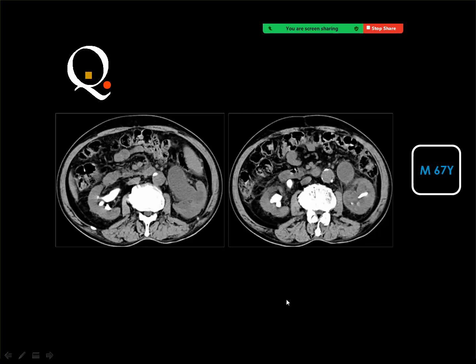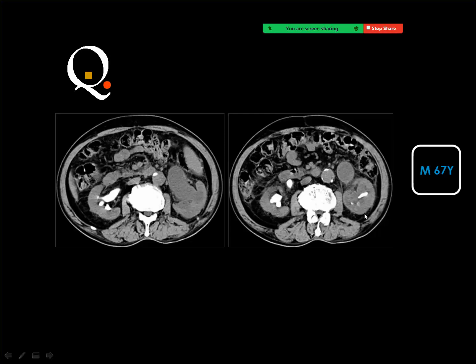This case is seen every day in radiology practice, CT with bilateral renal stones. The stone on the left side is a staghorn calculus that is filling the renal pelvis and the proximal part of the ureter as well as the calyces.